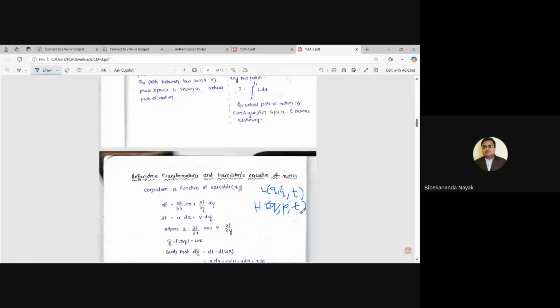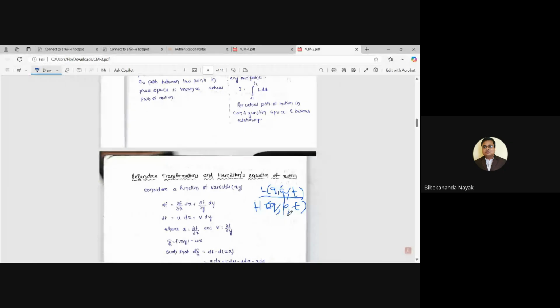So remember this thing. Lagrangian is written as a function of q, q dot, t. Hamiltonian is a function of q, p, t. If you compare these coordinate systems or bases, here is q dot, here is p. Other things are the same, q same, t same. Only q dot is changing to p.